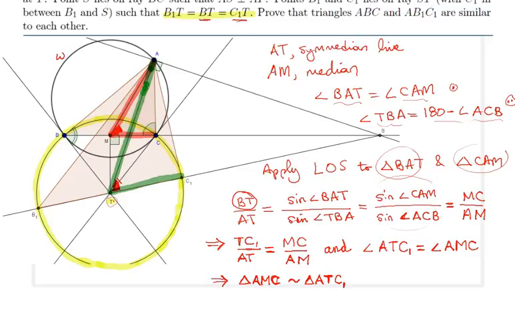In a similar way one can easily show that AMB is also similar to ATB1. Combining these two results, it implies that triangle ABC is similar to triangle AB1C1, and therefore we are actually done.